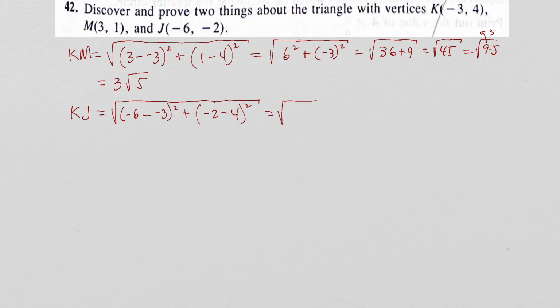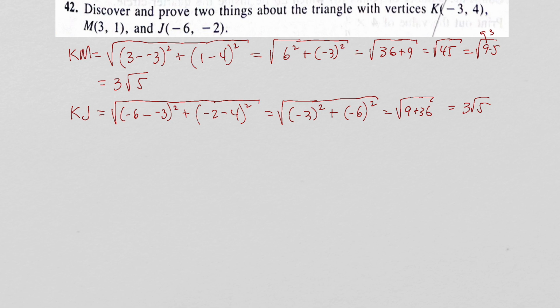This is negative 6 plus 3, which is a negative 3. And this becomes a negative 6. So this is 9 plus 36. We just did this, so I'm not going to do this again. We know that this is going to come out to 3 root 5.